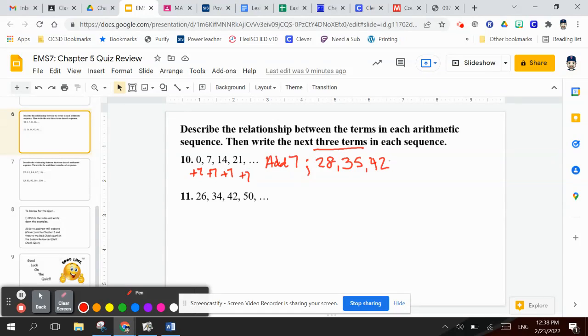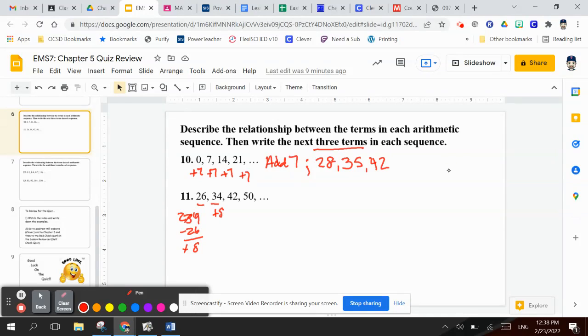When I look at number 11, I have 26, 34, 42, and 50. I'm going to take the first 2 numbers and subtract them. 34 minus 26 is 8. Does that pattern continue? My numbers are getting larger, so that means I have to add 8.